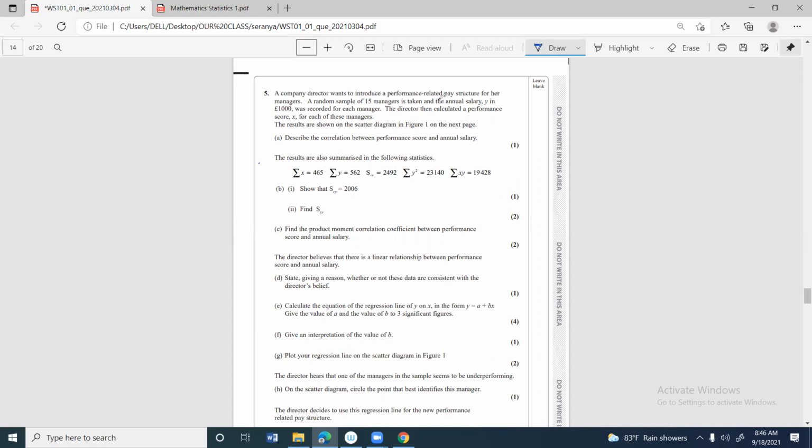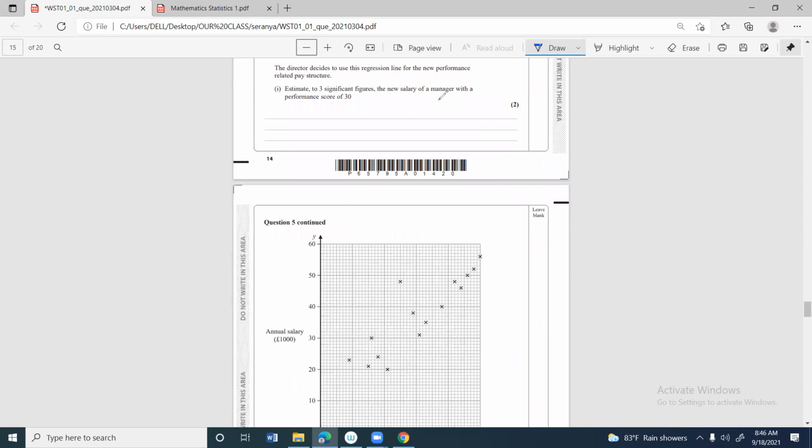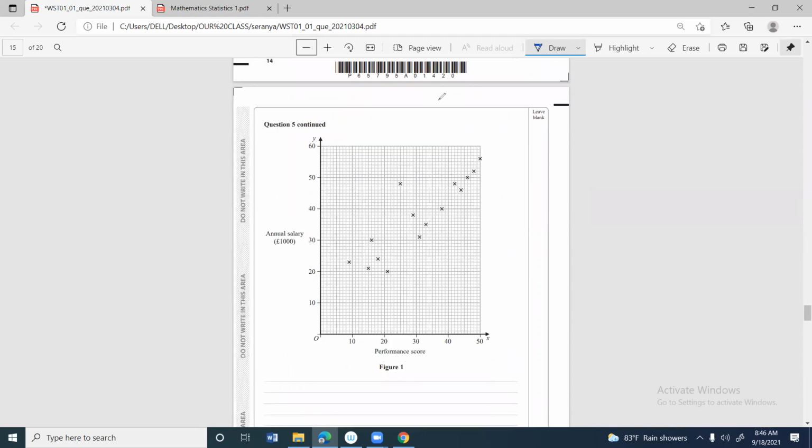Describe the correlation between the performance score and the annual salary. If you come to this one, you can see it shows a positive relationship. So you can say the simple answer for part A is we can observe a positive relationship.